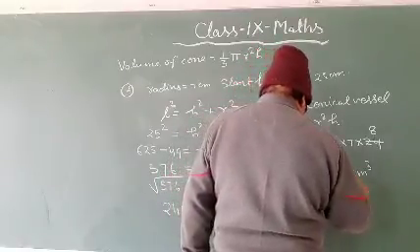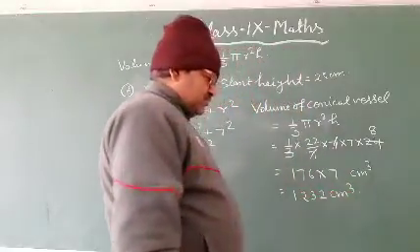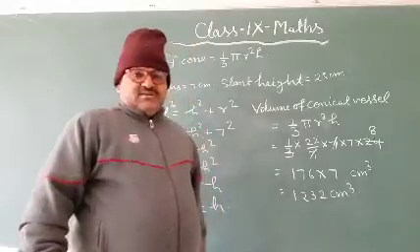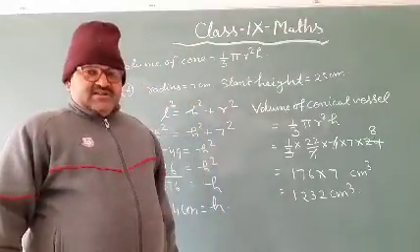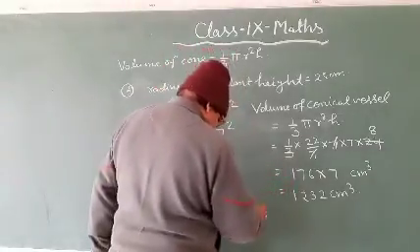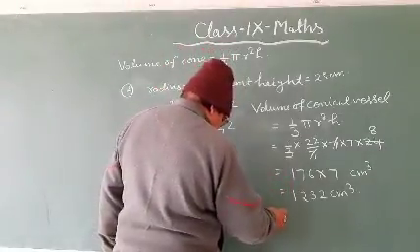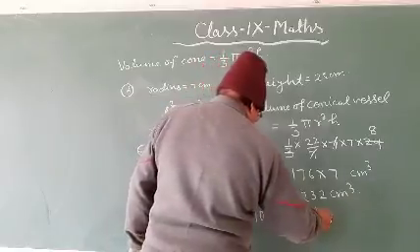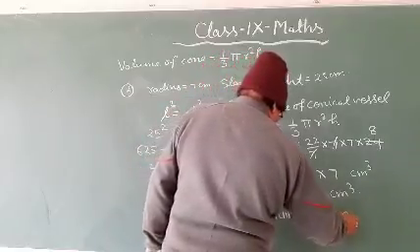The volume is to be found in liters. So 1000 centimeter cube equals 1 liter.